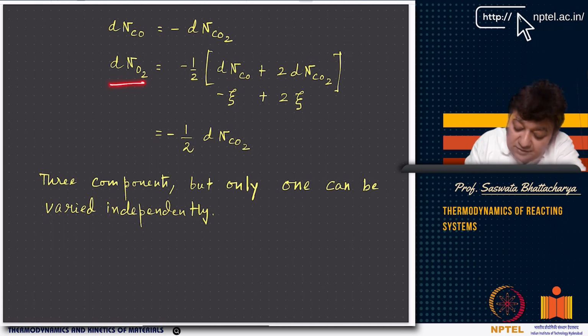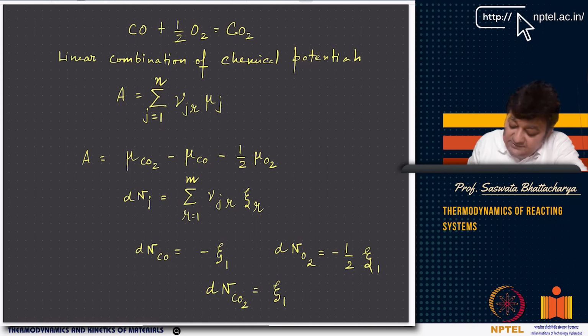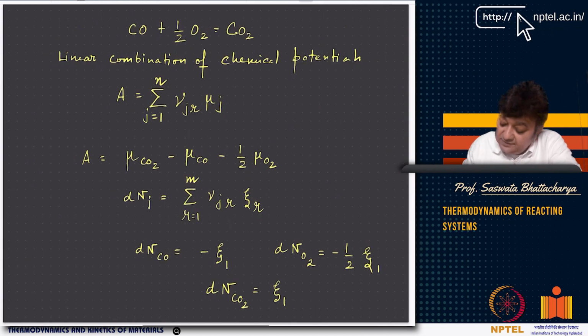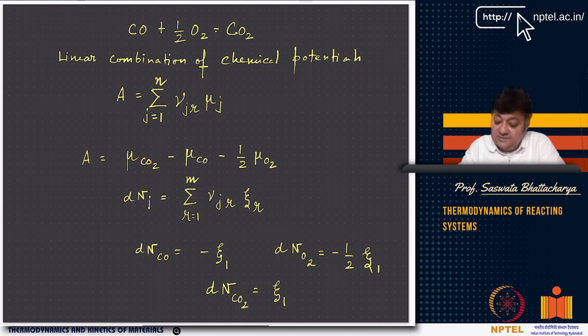Again, dnO2 can also be written as minus half xi. So basically you can write it as minus half dnCO plus 2 dnCO2, right? How did this come?